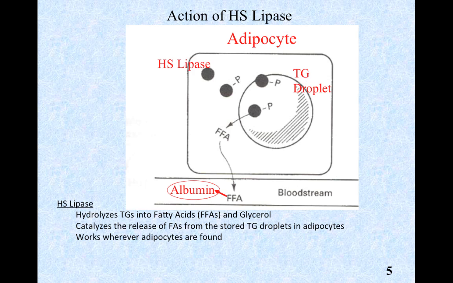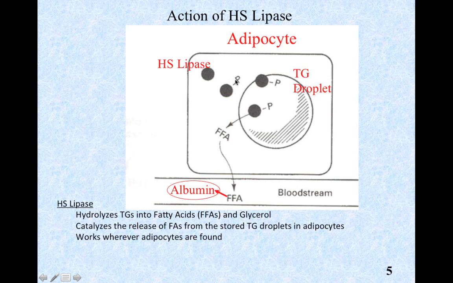Okay, so hormone-sensitive lipase is an enzyme that's in several different tissues, but it's in highest levels in fat cells or adipocytes. Hormone-sensitive lipase is shown by this black dot here. It is activated by phosphorylation.